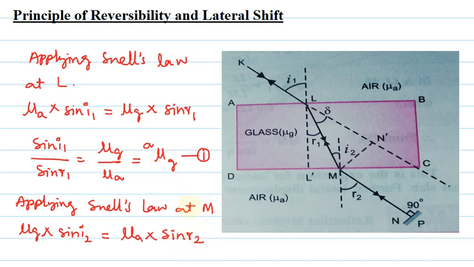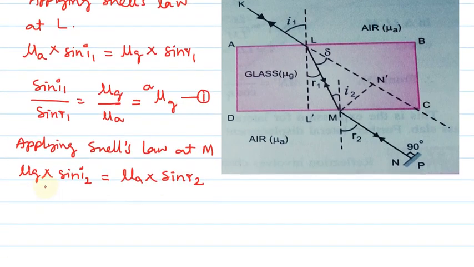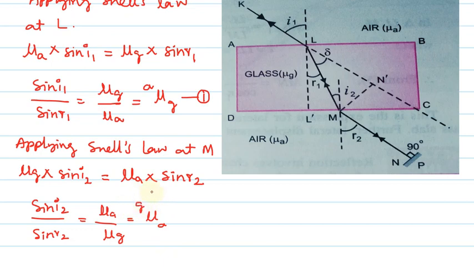So this can be written as sine I2 upon sine R2 is equal to mu A upon mu G. This can be written as mu subscript A superscript G. Let me represent this as expression 2.